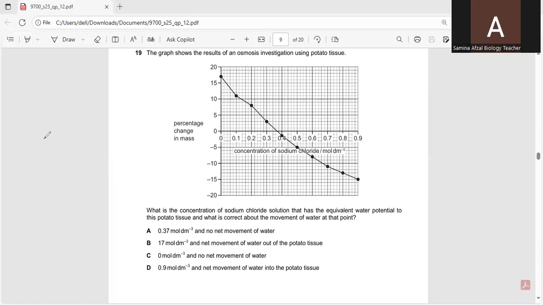So what will happen if there is less water potential? Water will move from higher water potential towards the lower. And in this way, the water movement will take place.